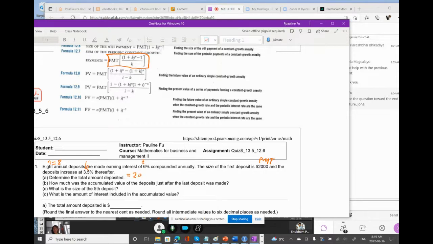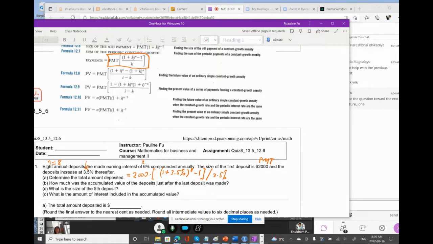PMT 2,000 times bracket 1 plus K, 1 plus 3.5% raised to power n. N is 8. The result minus 1. Okay. And this result divided by K, 3.5%.